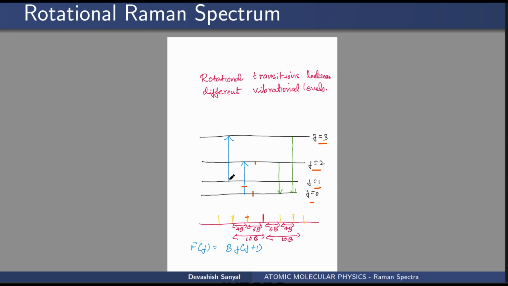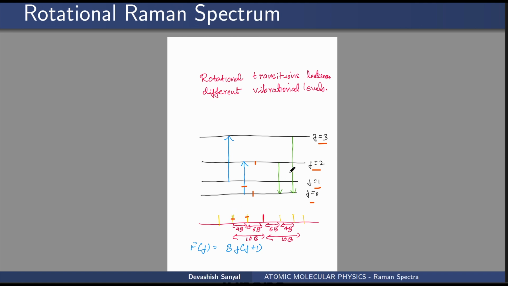So effectively, the molecule is excited from J is equal to 1 to J is equal to 3 state, and corresponding to that, the wavelength or energy, or the line that is emitted, is given by this yellow line. So that is how it happens.